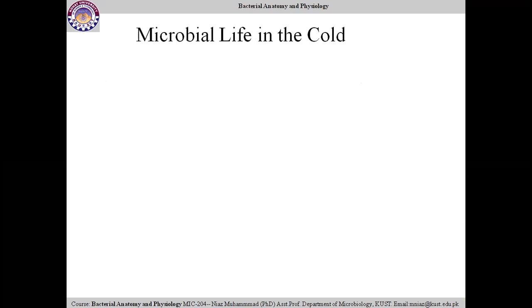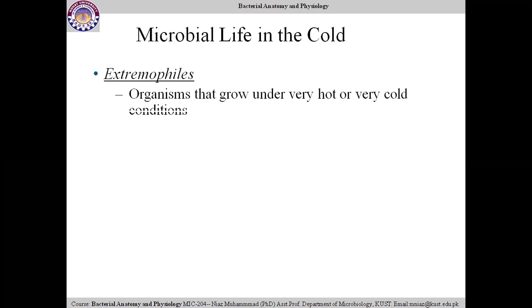So, microbial life in the cold: how are microbes living, and which types of microbes live in cold environments? In cold environments, the microbes living there are mostly extremophiles.